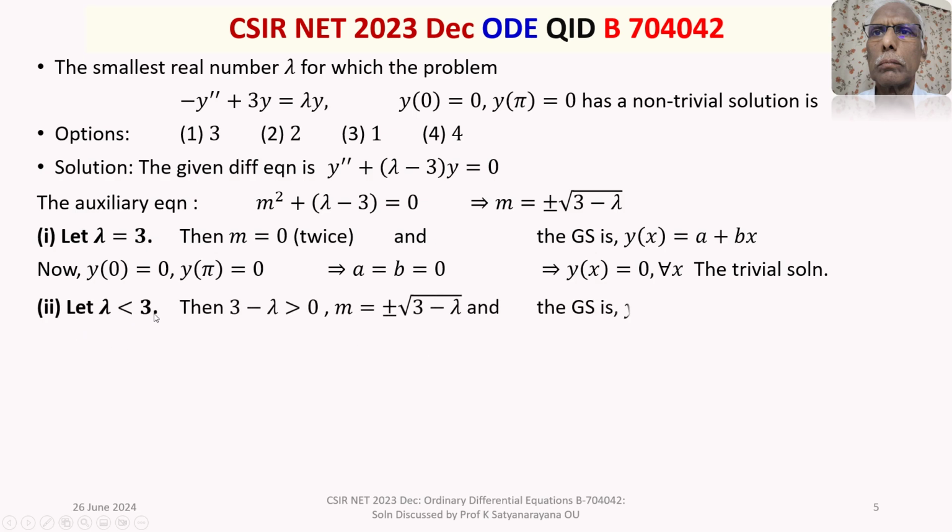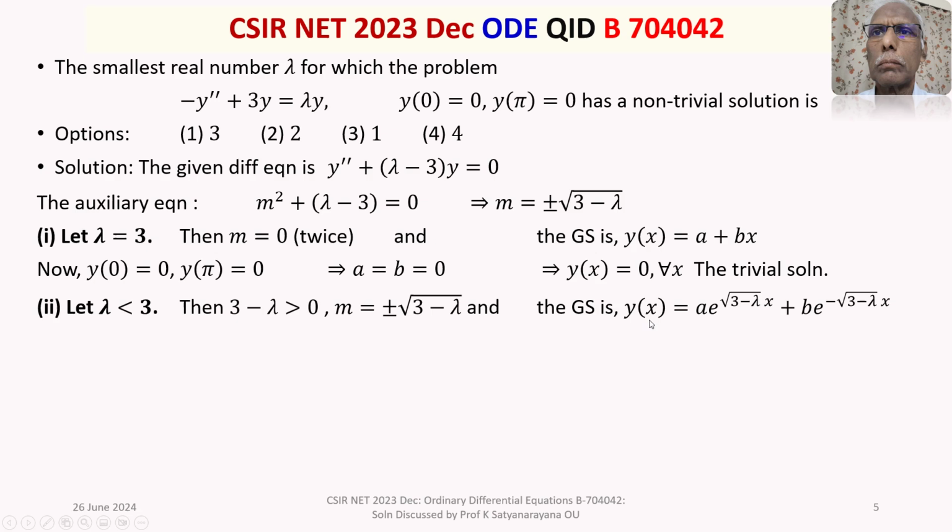Let lambda be less than 3. When lambda is less than 3, 3 minus lambda is positive. Therefore, m equals plus or minus the square root of 3 minus lambda, which remains the same because 3 minus lambda is greater than 0.